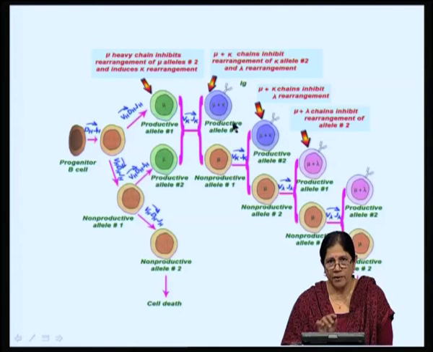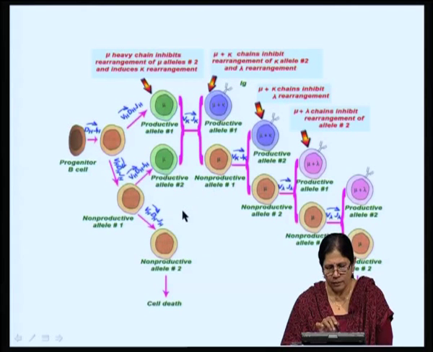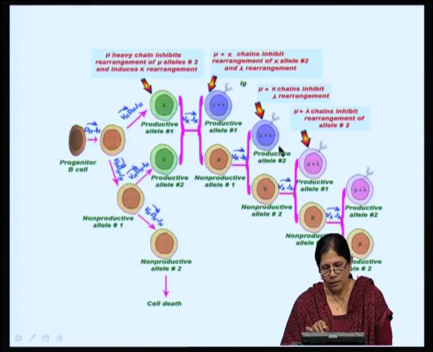Now, always, recombination in the light chain gene starts with the kappa light chain gene assembly, allele 1, and if there is a non-productive allele 1, then allele 2.